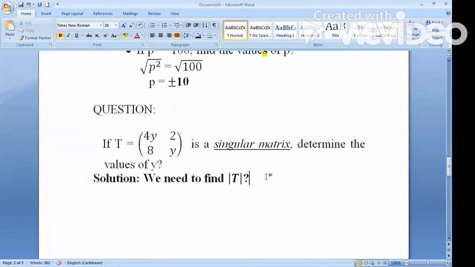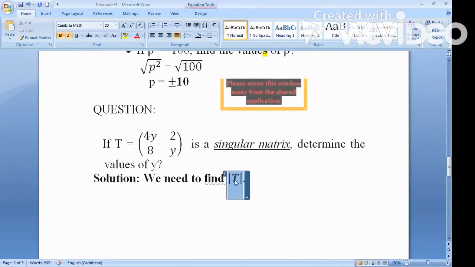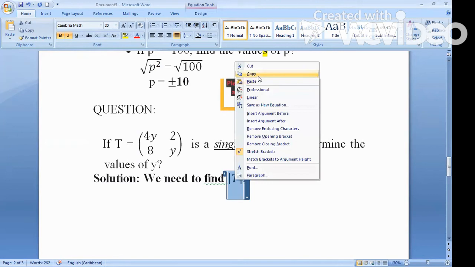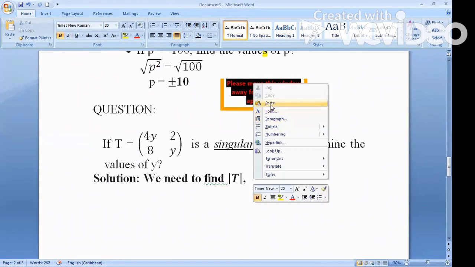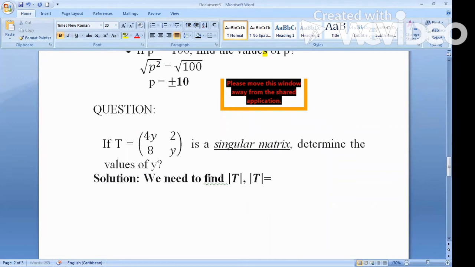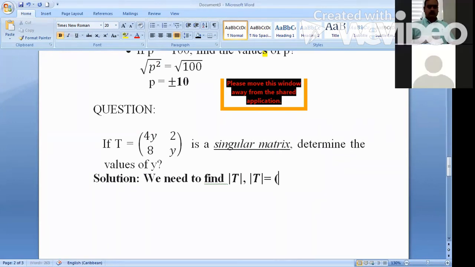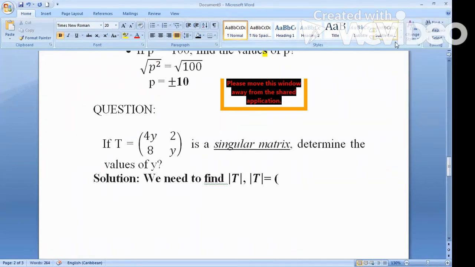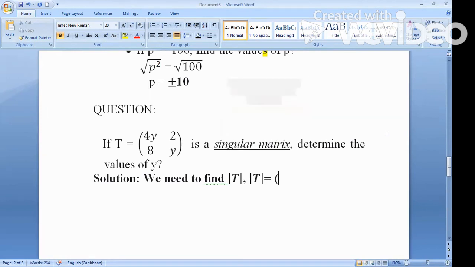So the determinant. How do we find the determinant again? We find the product of the leading diagonal, subtract the product of the non-leading diagonal.